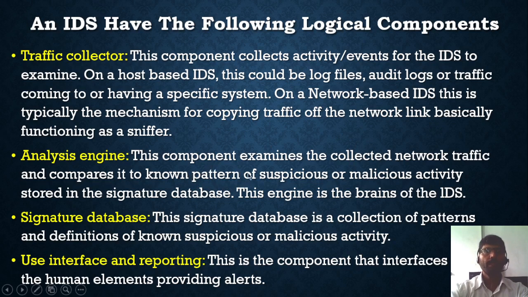A repeated number of bits will be identified, and these patterns are used for comparing. If any new data comes, these patterns are compared with the new data. If such patterns are available in the new data, that means some malicious activity is going on. So this pattern is called a signature.